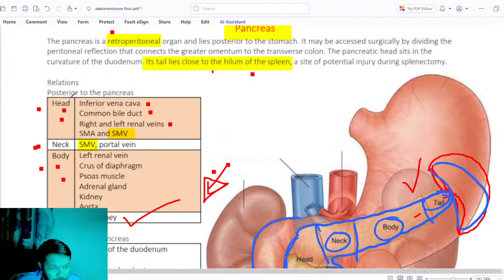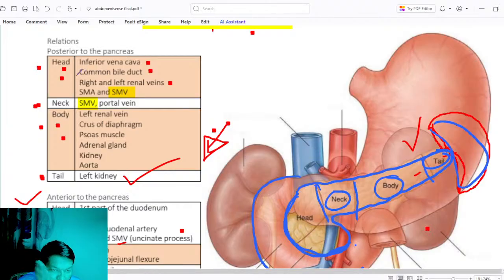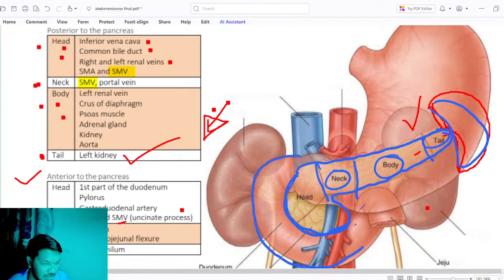You have to read the relationships. Posterior to the pancreas, behind the head: just from the picture you can see the head. So behind the head, what are the structures? Inferior vena cava, common bile duct, right and left renal veins.